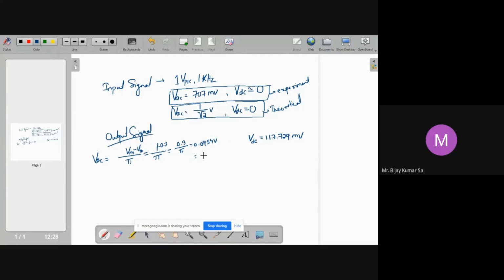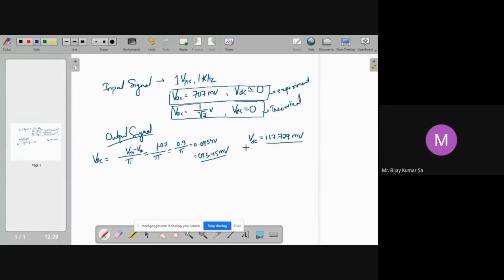So this is around how much? If we write it in millivolts, it comes out as 95.45 millivolts, with 45 repeating, 454545. So this much millivolts, so this is 0.095. It is close, there is not a big difference. 95.45 millivolt or 117.729 millivolt, so how much difference is there, 17 plus.